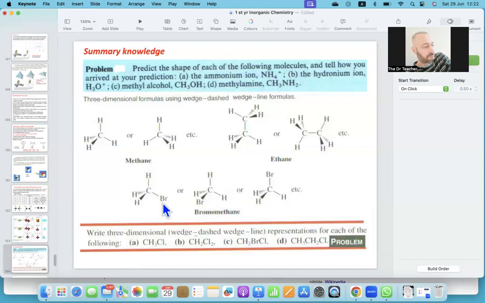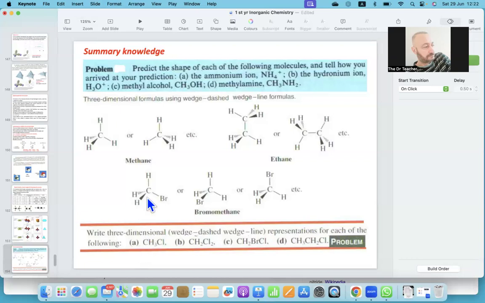You know, the bromide can sit lower or in this position or to the left position. 3 types of bromomethane. So now write a 3-dimensional wedge dashed wedge line representation of each of the following.